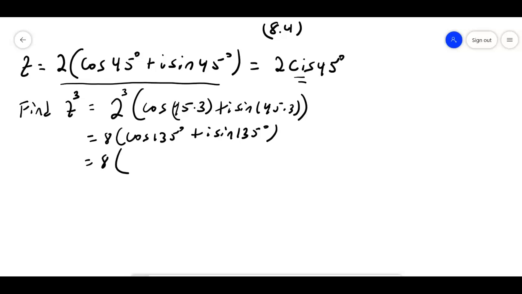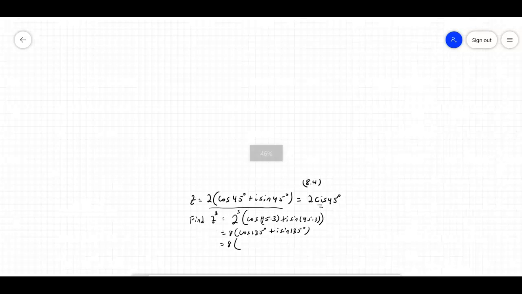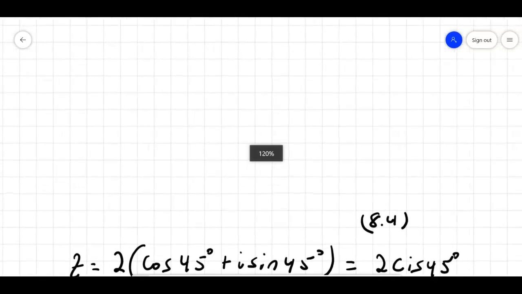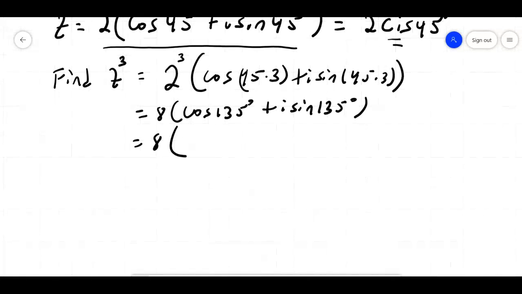Okay, so that's going to be 8. 135 is second quadrant. Hold on a second. Sorry about that. Okay, so it's negative root 2 over 2, and then i root 2 over 2.